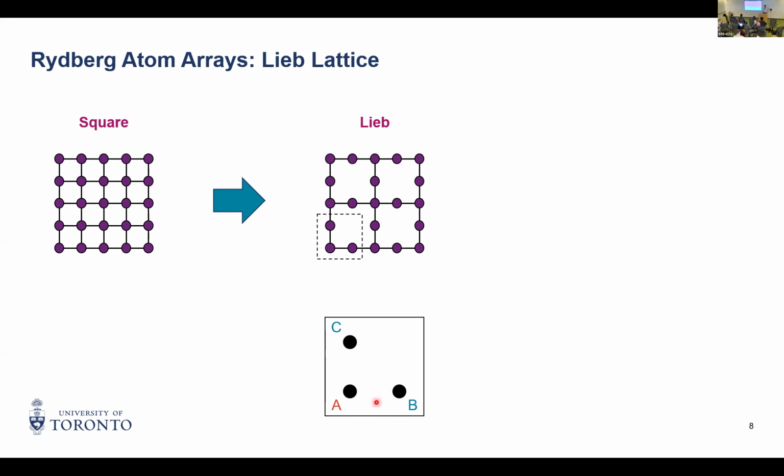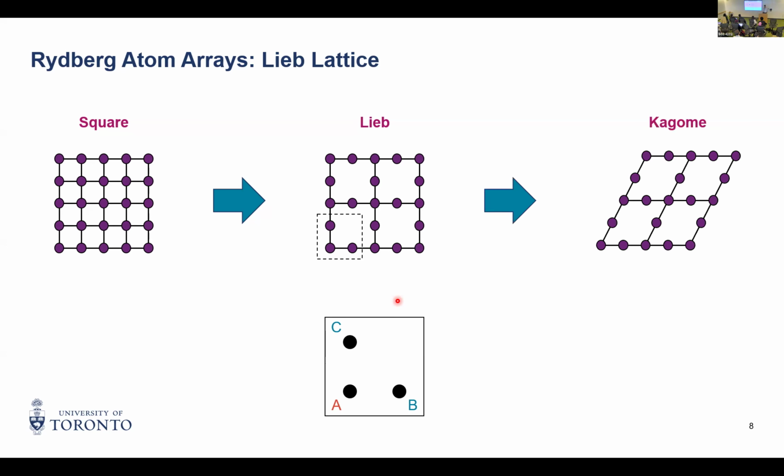So you have the A sublattice, which is a high symmetry site that has all the same symmetries as the square lattice, but then you also have these B and C sublattice sites that are lower symmetry because they only have C2 and inversion symmetries instead of having the full four-fold rotation symmetry that you have in the square lattice. Another nice thing about this Lieb lattice is that you can skew it and turn it into the Kagome lattice, which is the platform in which they saw evidence for this emergent glassy dynamics. So we're hopeful that in the Lieb lattice, we can also see that emergent glassy dynamics.